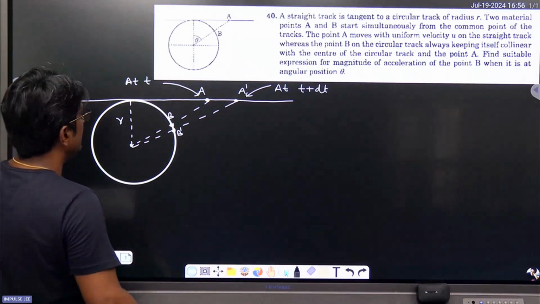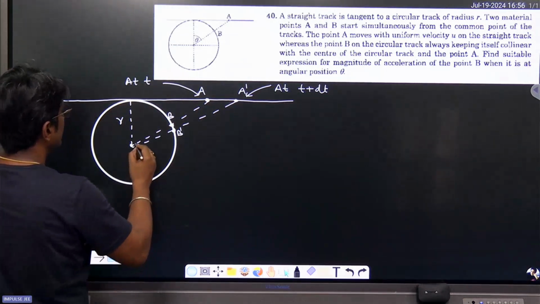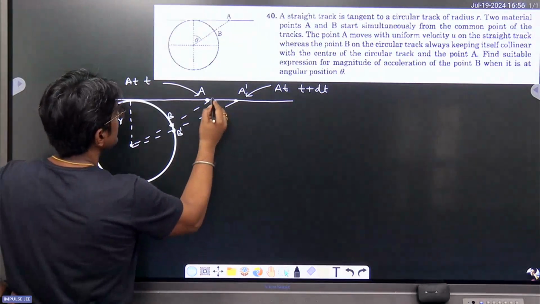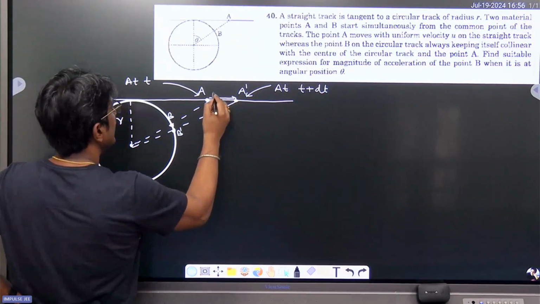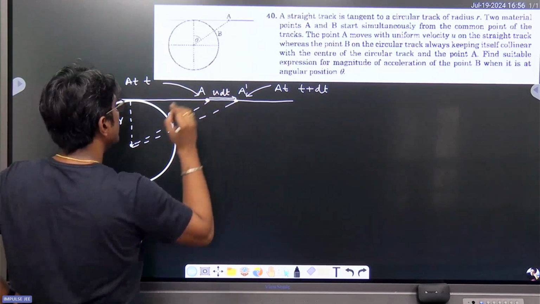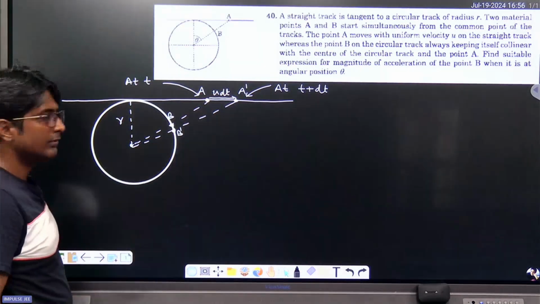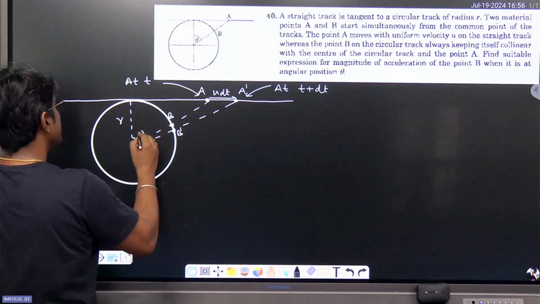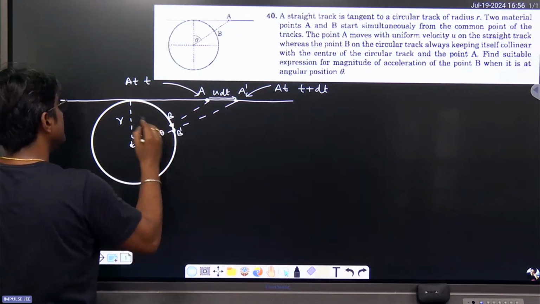So during this interval of time, A would have moved a distance of u dt. Say this angle is theta and this angle is d theta.